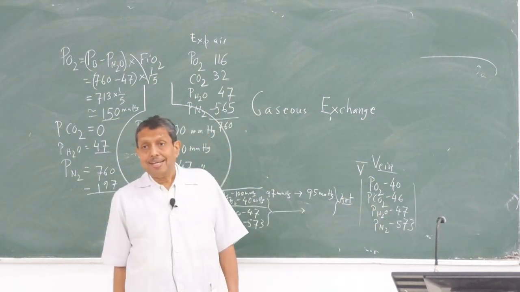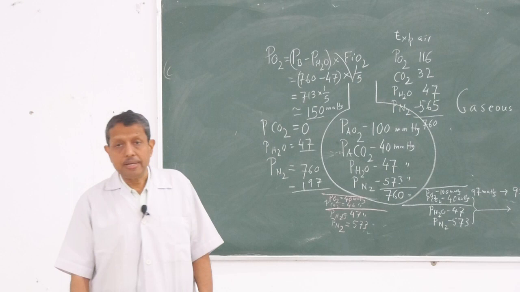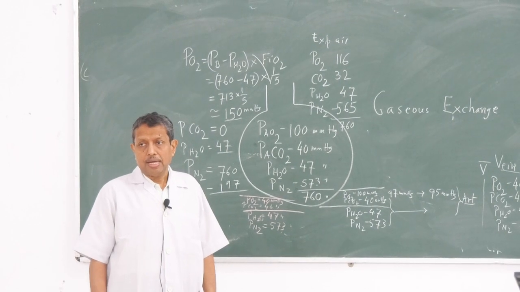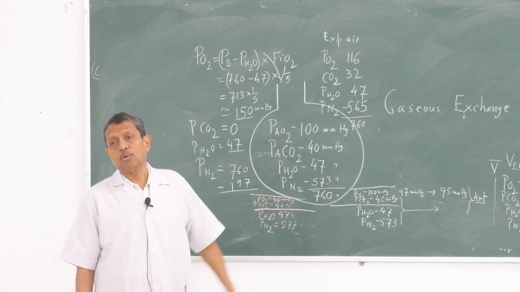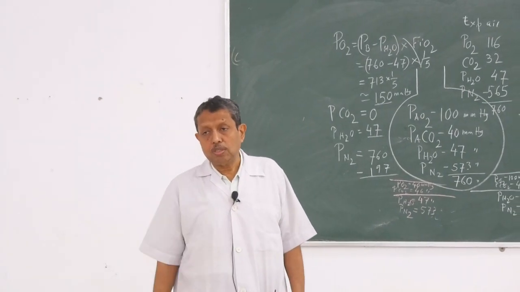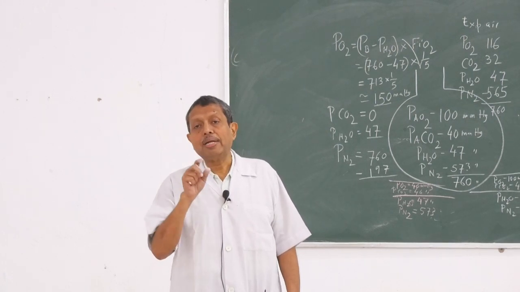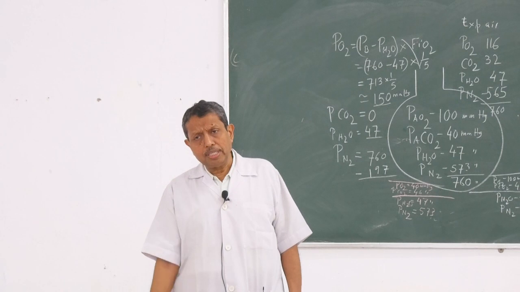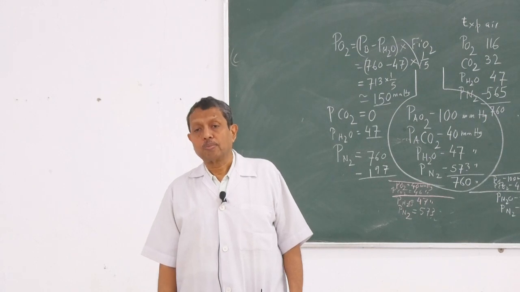And the total pressure is less than that of 760, and PN2 remains same as they are in communication, and there is gaseous exchange, and in this way from the air oxygen is entering into the blood, and what amount will enter will depend upon the concentration of hemoglobin in the blood, and also some amount in the dissolved form.